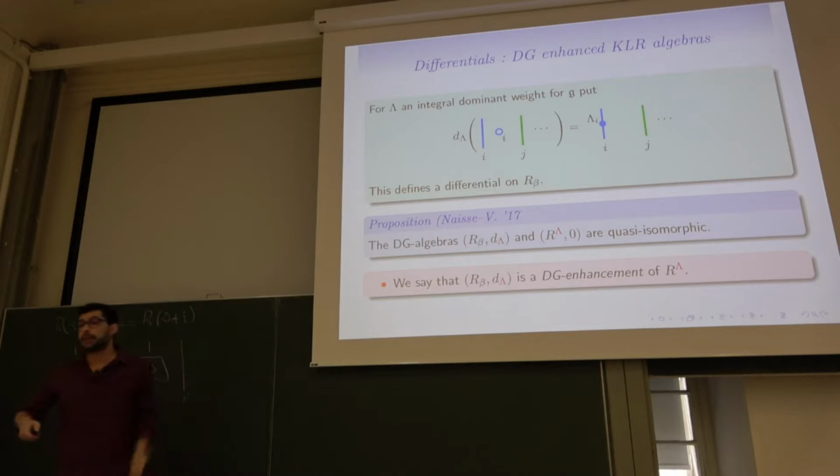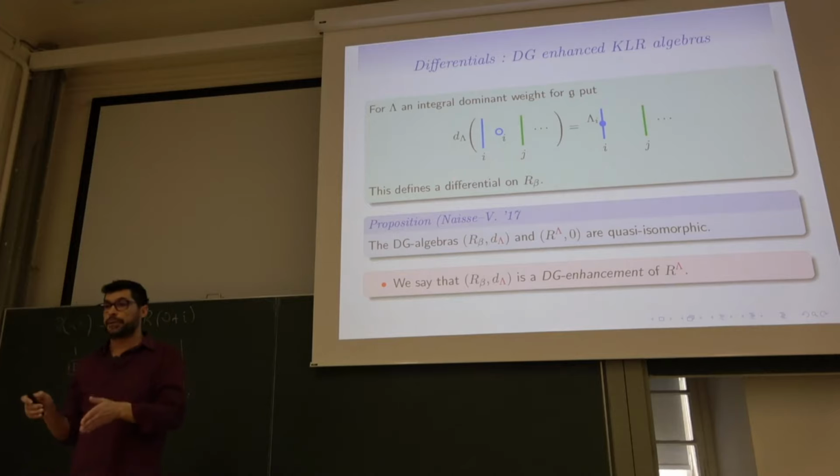Plus Leibniz rule. So this defines a differential, and we prove that the DG algebra R beta d lambda and the cyclotomic KLR algebra are quasi-isomorphic. So it means that the DG algebra R beta d lambda has homology concentrated in degree 0.